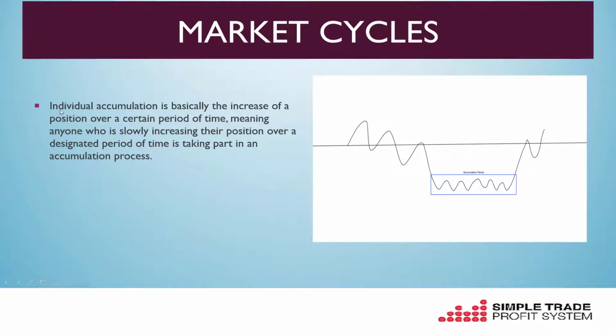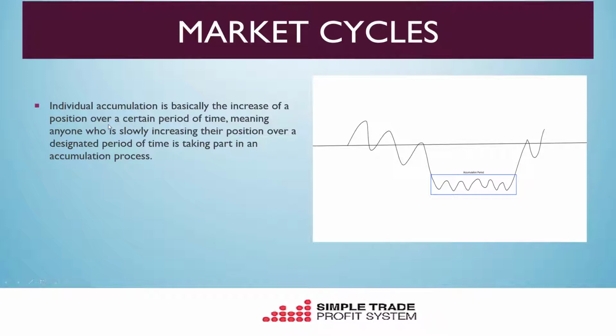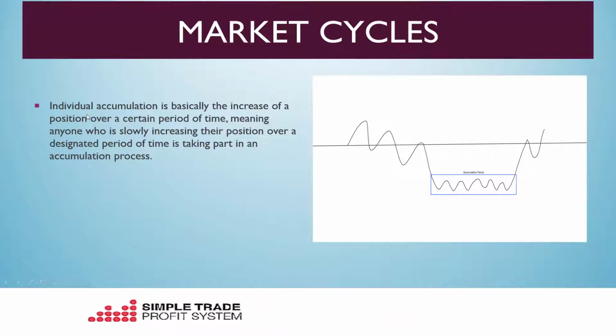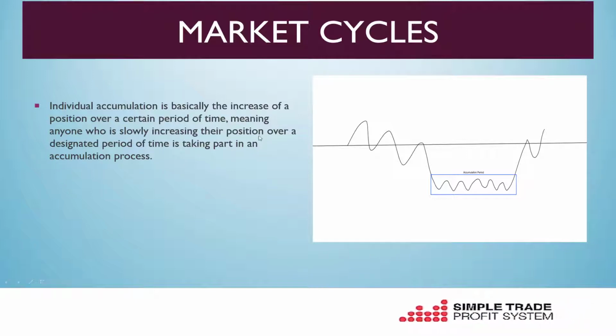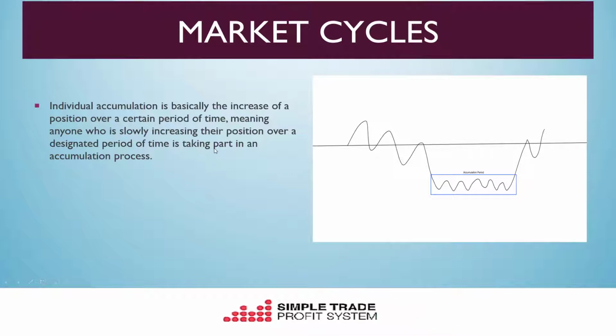So accumulation, I'm going to read this off. Individual accumulation is basically the increase of a position over a certain time. So this would be like us individually. We would be in an accumulation phase if we were increasing our position over a certain amount of time, meaning anyone who is slowly increasing their position over a designated period of time is taking part in the accumulation process.